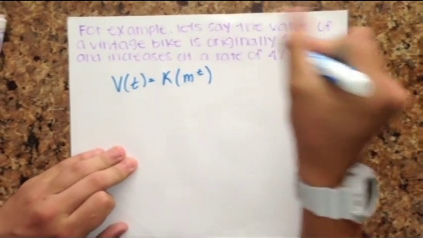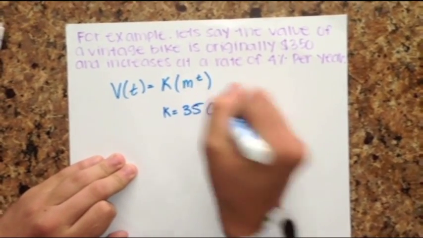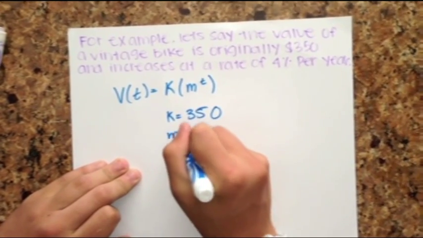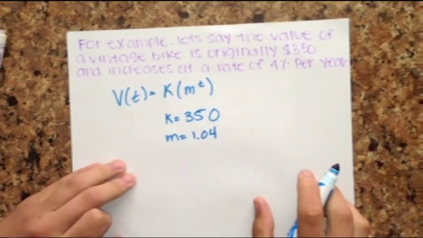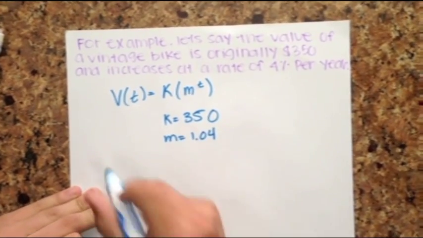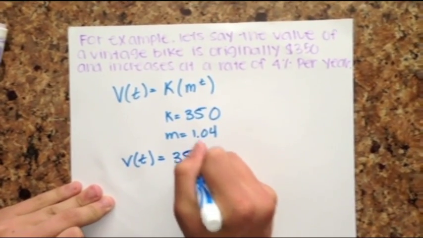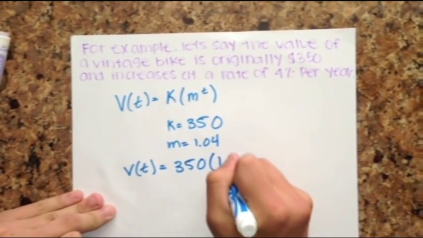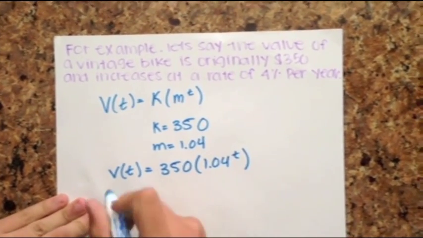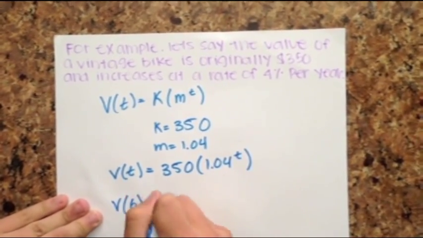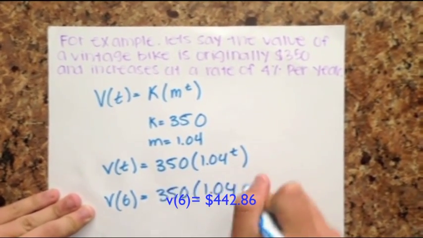Our k is $350 because it's the original price, and our multiplier m is 1.04 because we're adding value to the original price. So v of t is equal to 350 times 1.04 to the power of t. So in 6 years, v of 6 would be 350 times 1.04 to the power of 6.